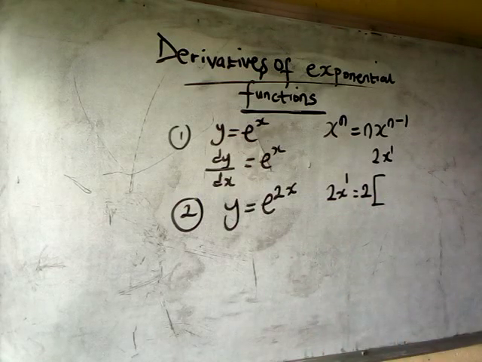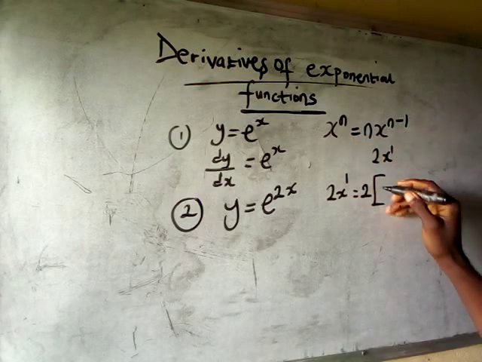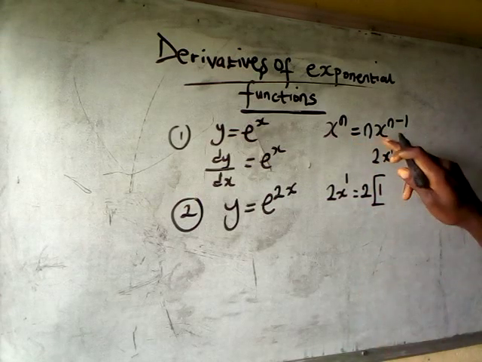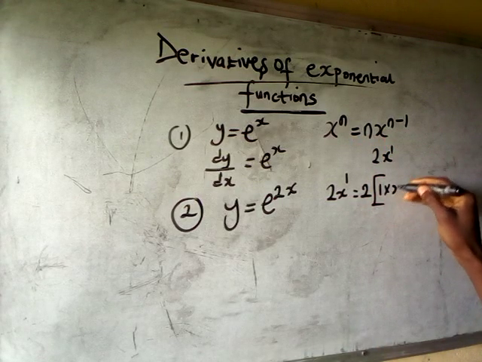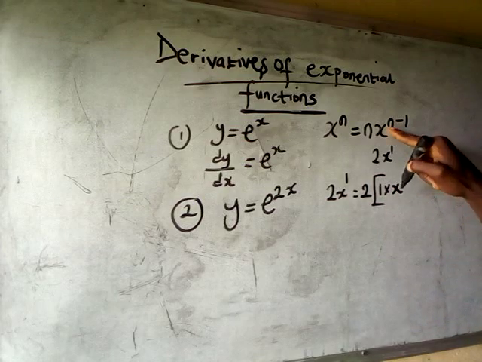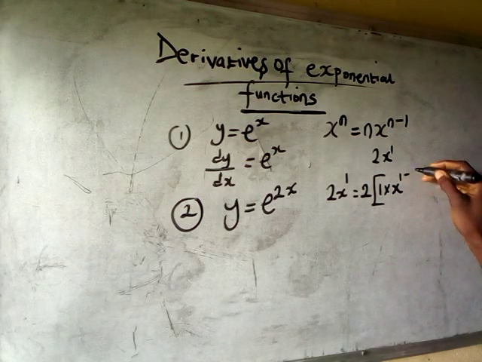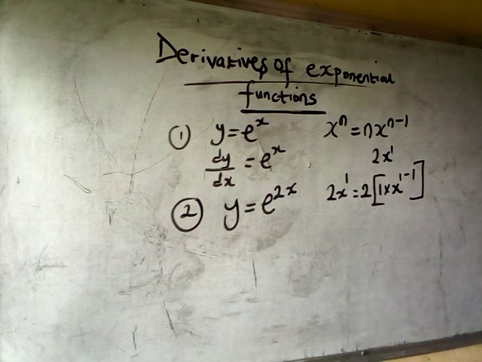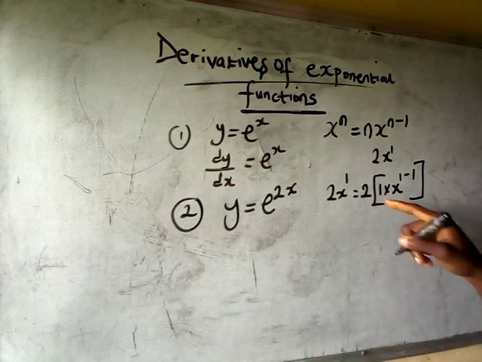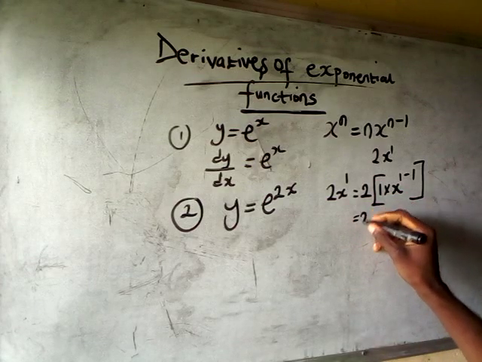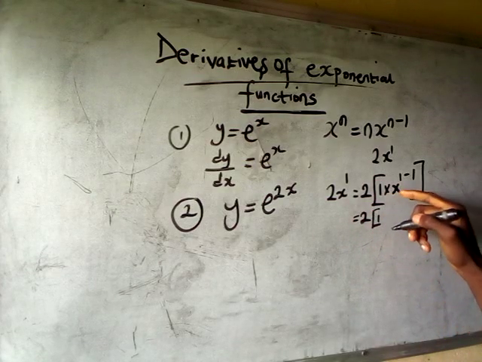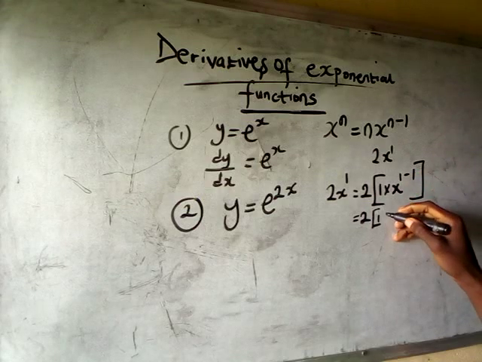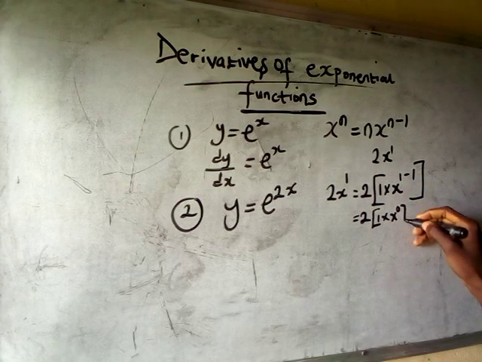2x raised to power 1 is equal to 2. I'll open a very big bracket. We keep 1 here, x times x to the power n minus 1. This is equal to 2 times 1. 1 minus 1 is 0, then x raised to power 0.